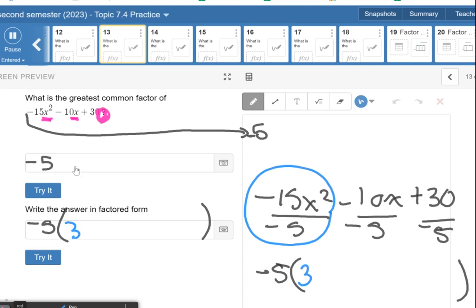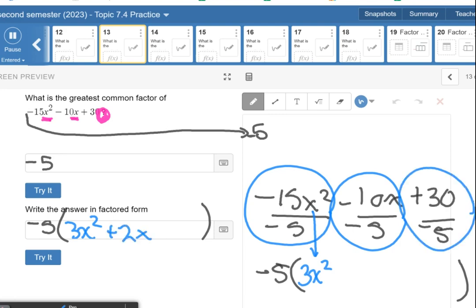But notice I'm not dividing anything with the x squared. So that means I just drop it down. If I started with it, I have to at least finish with it. And then negative 10x divided by negative 5 is a positive 2x. And then lastly, a positive 30 divided by negative 5 is going to be a minus 6.